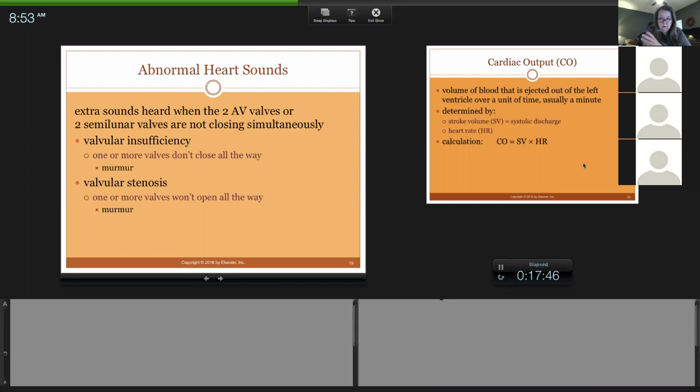Because with a subaortic stenosis, what's happening is blood is being limited in leaving the aorta to go to the body. And then the body doesn't get adequate oxygen. Sometimes these puppies pass out.